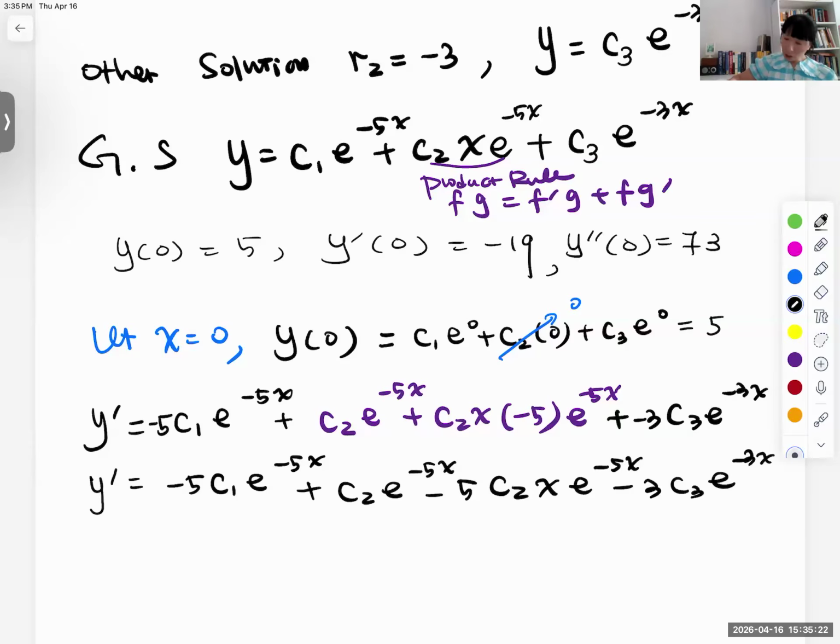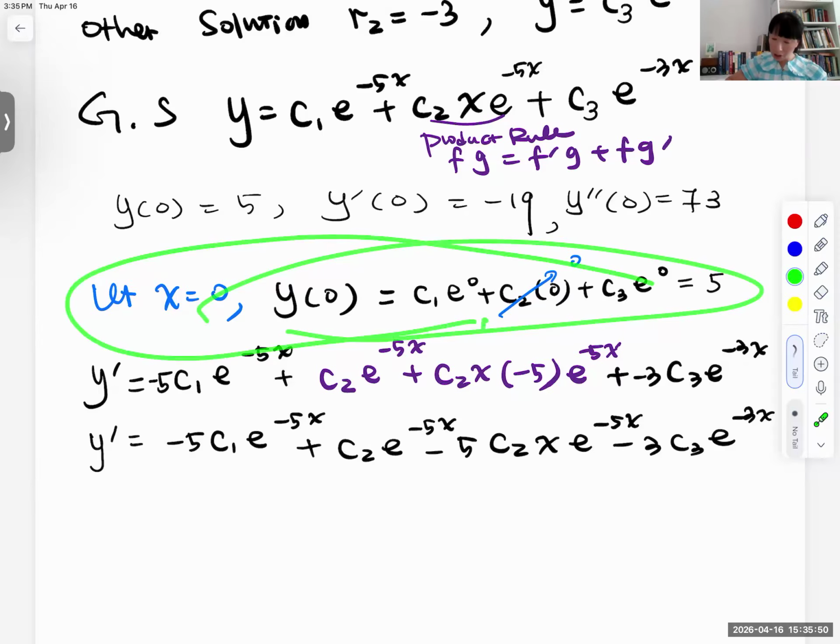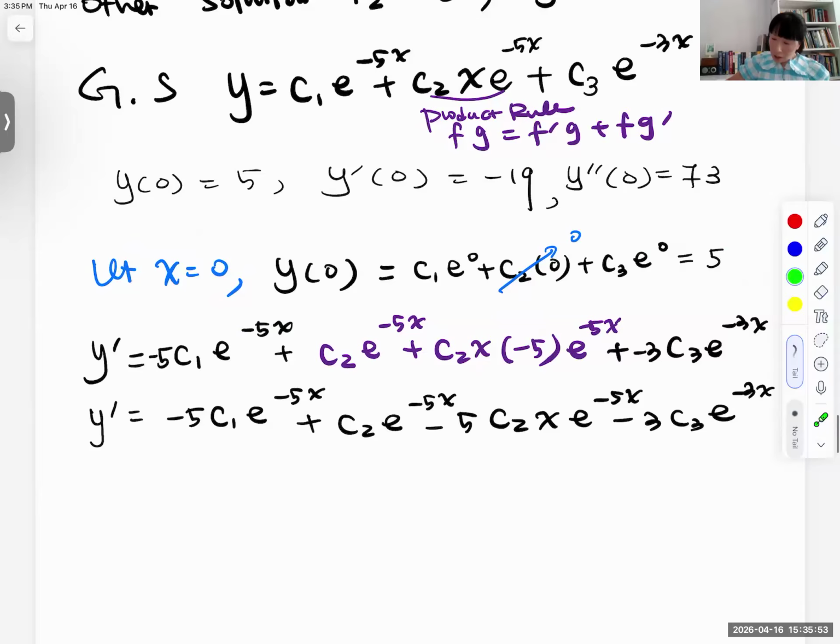Okay, now let us apply the initial value x equal to 0. Shall we do everything up to y second prime and then apply it later? We can do that, right? Because I did it here, so maybe we can change this one later. Okay, y second prime, because I need to see this y.